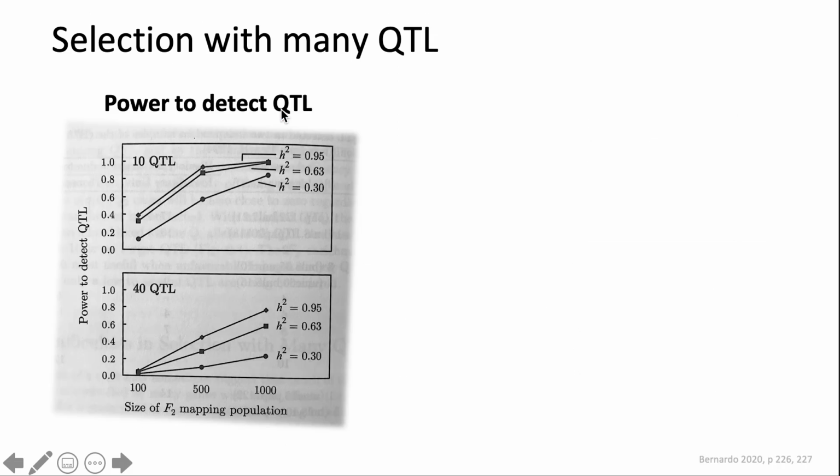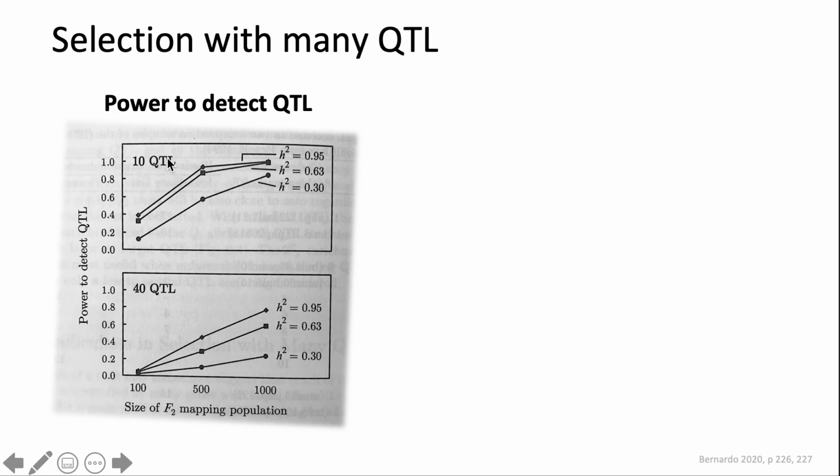because it's just a lot of information. And to give you an idea about the power to detect QTLs, which is another limitation when there are a lot of QTLs that control the target trait, here in this figure I just show you some simulations.